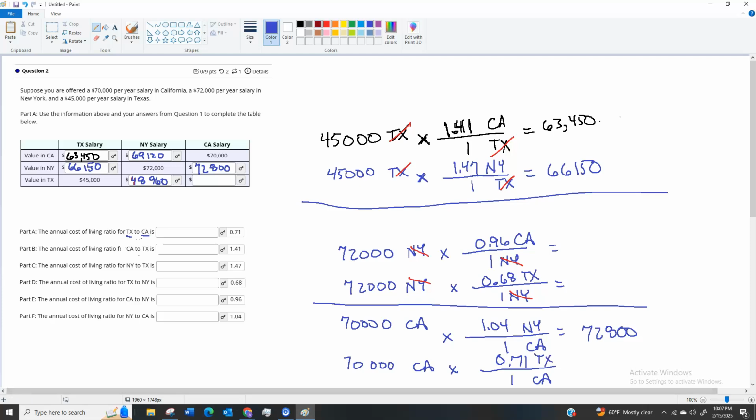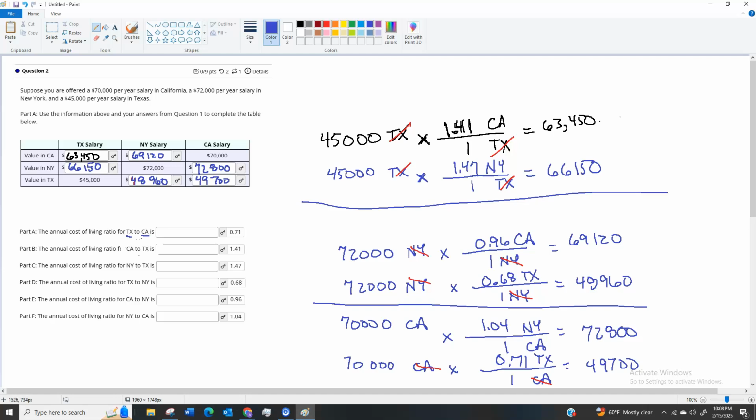The Californias cancel out, and you're going to get 70,000 times 0.71, which is 49,700. And then if we go back up here, this one was the 69,120, and this one was the 48,960. I put them in the table, but I didn't write them over here.